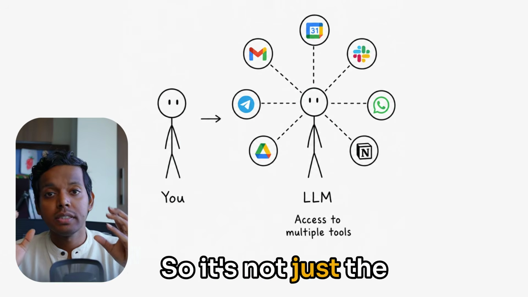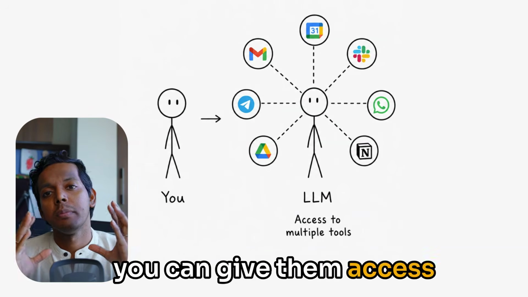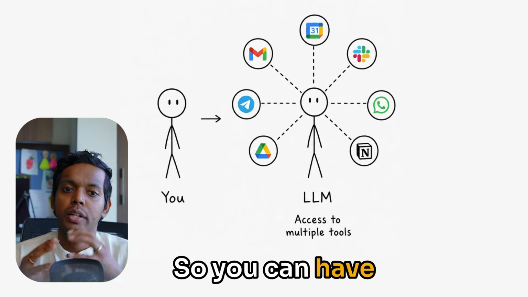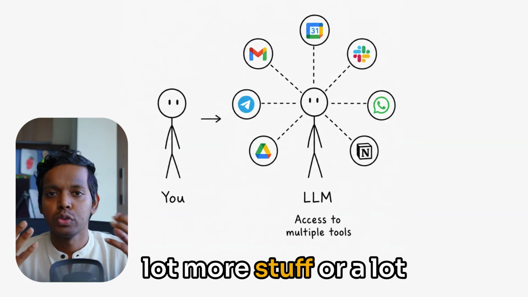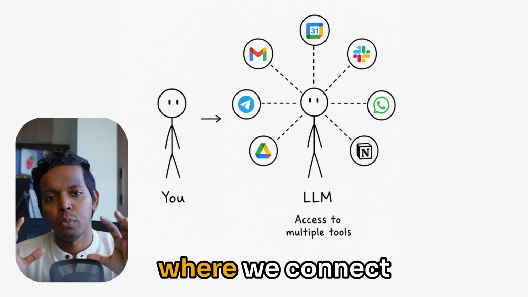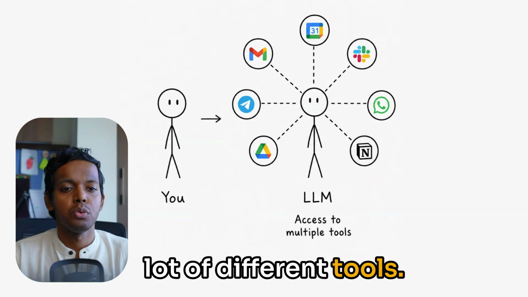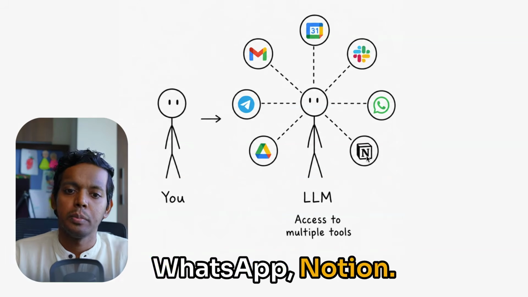So it's not just the calendar tool that you can give LLMs access to. You can give them access to many different tools. You can have multiple tools connected to an LLM. That's when it can do a lot more things for you. Here, let's see another example where we connect a lot of different tools: Google Drive, Telegram, Gmail, Calendar, Slack, WhatsApp, Notion.